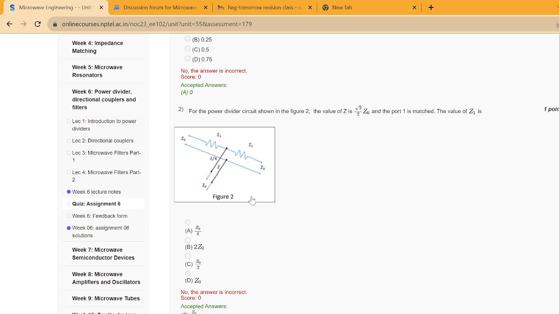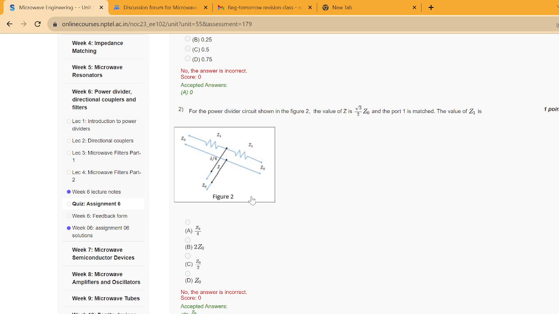ZL minus Z0 equal to 0. So ZL equal to Z0. Now I can say whatever be the equivalent impedance here, that is equal to Z0. For that, what should be the value of Z1? That is the question.